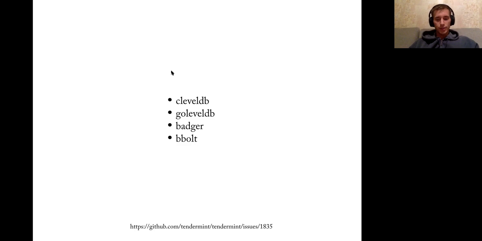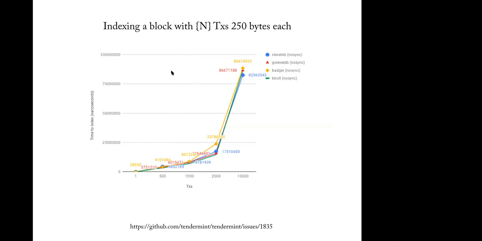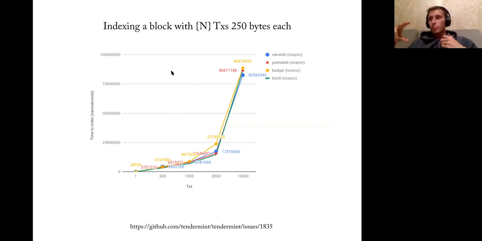the interesting thing is that I did a round of benchmarks, and the picture I've got is that B-bolt, which is B plus tree, kicked LSM up to a point of maybe 5,000 to 10,000 random writes.